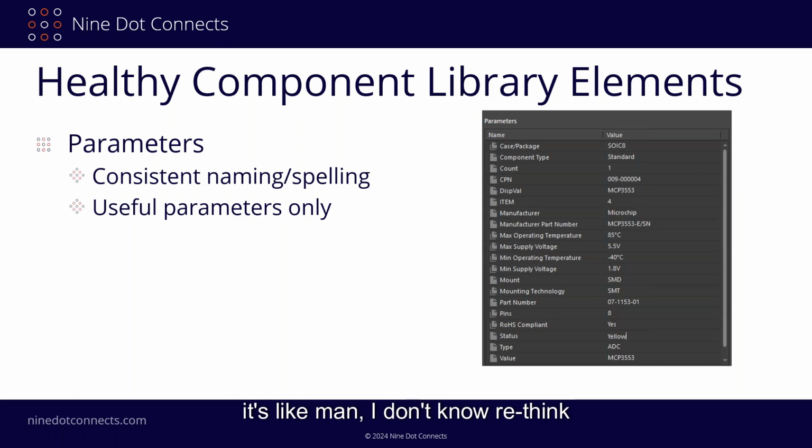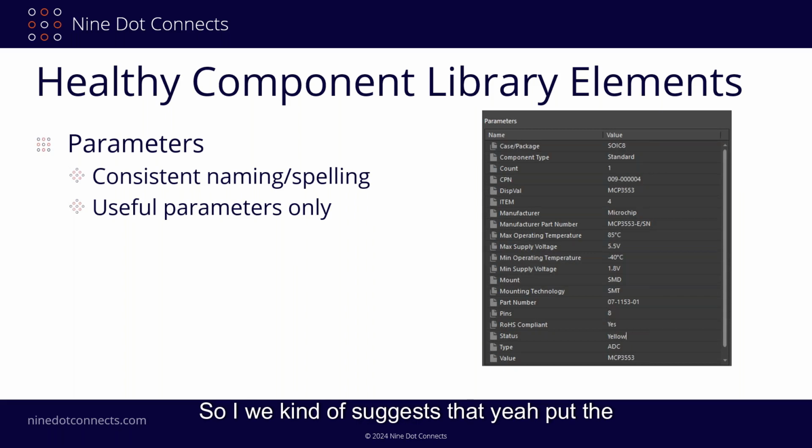I'd say rethink that, because when you specify too many parameters, it turns people off from creating good parts. They'll think, that's going to take me 20 minutes to fill in all those parameters, and really the only thing I need is the manufacturer part number and maybe the temperature and voltage. All that other stuff is fluff. But if you've made it a requirement, it turns people off.